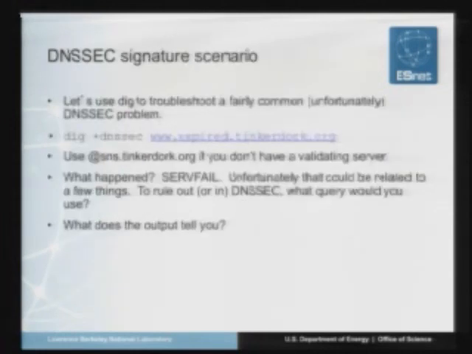So let's play around with something here. We're going to do this query, and you can either use that server at sns.tinker.org, or you can try sns.burnttofu.net. And I'll try it also while we're doing it. So I want the server to do DNSSEC validation.